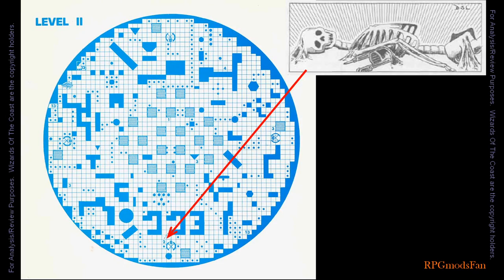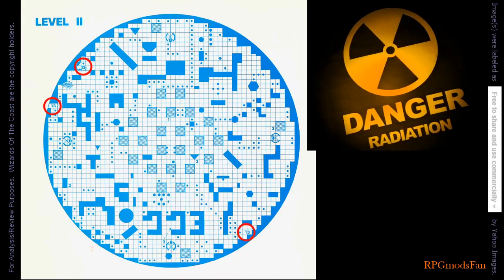At area number 2 are the jumbled bones of the captain. With careful search of the area, the player characters can find the captain's gray security card, which can open all doors within the ship. On levels 1, 2, 3, and 5 of the ship, areas numbered 13 are radiation-filled.